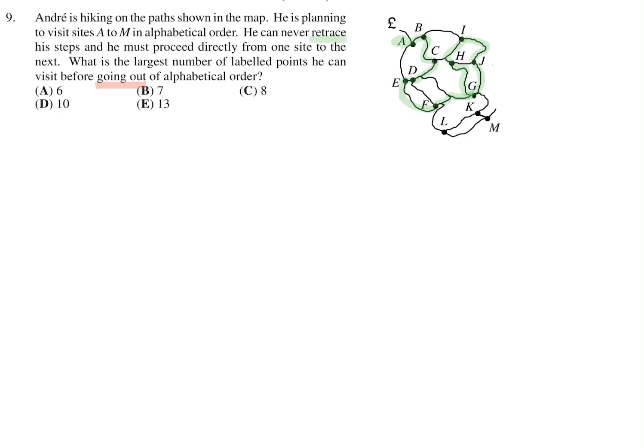So that cannot be done. He can only go as far as J and meet the conditions in the question. And from A to J, J is the 10th labeled point. So the answer to this is D.